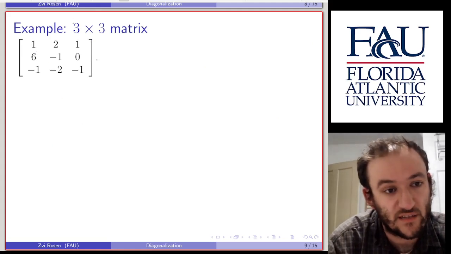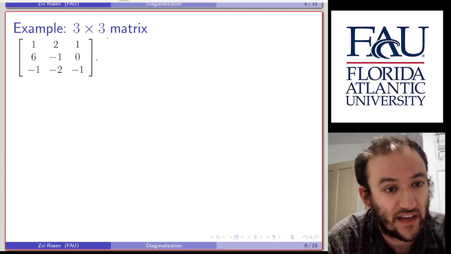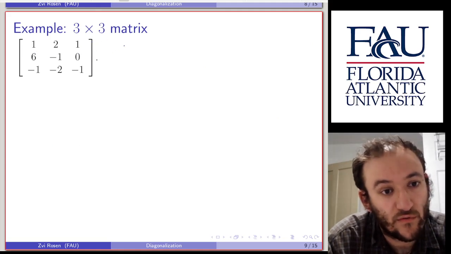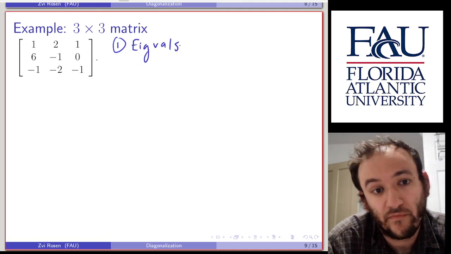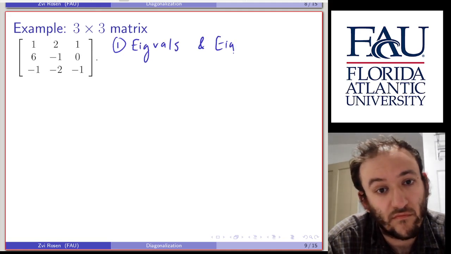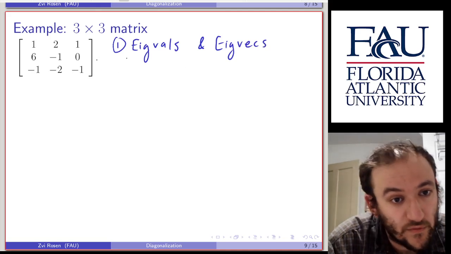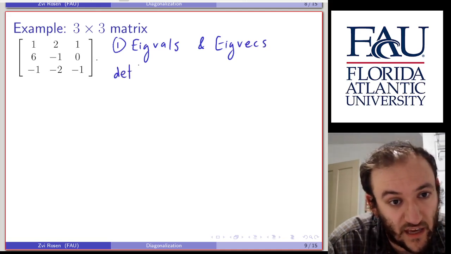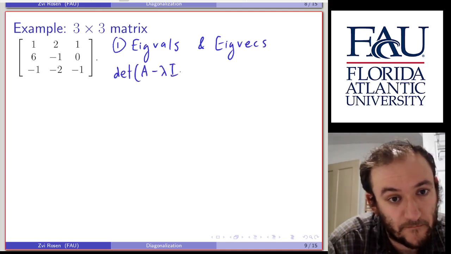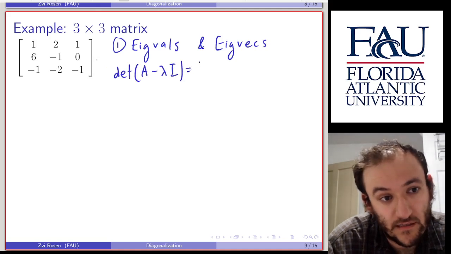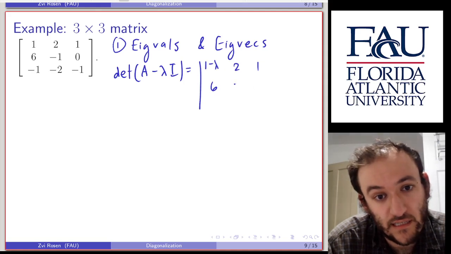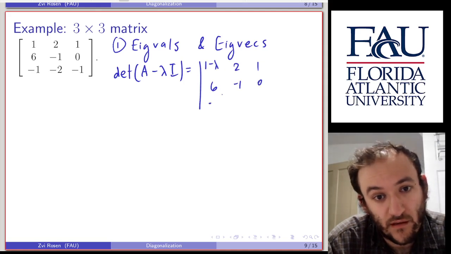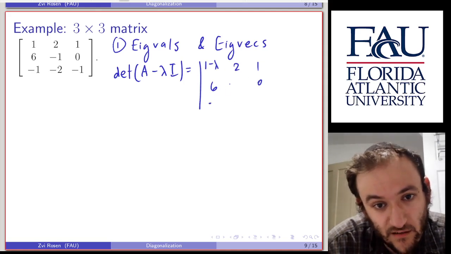And we've seen this matrix in a previous lecture, but we'll do the eigenvalues and eigenvectors again. So to get the eigenvalues and eigenvectors, we start by taking the determinant of A minus lambda I. This is 1 minus lambda, 2, 1, 6, minus 1 minus lambda, 0, -1, -2, -1 minus lambda.